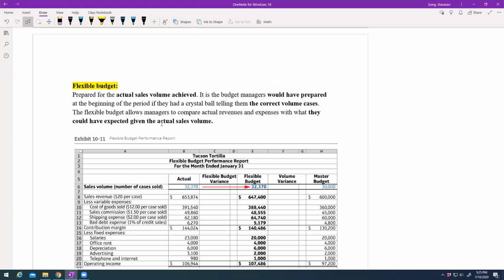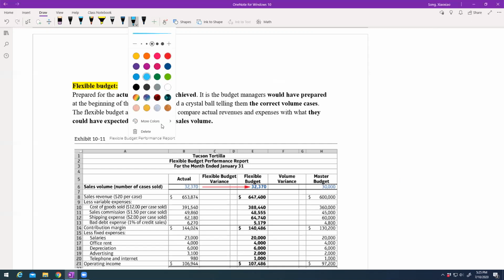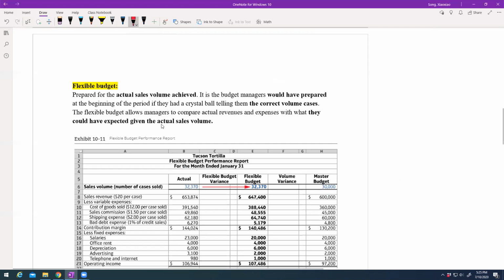So let's look at what it really wants to tell us. The flexible budget tells us that if managers had a crystal ball that would tell them what the actual sales volume will be, then they can have the proper number. So what is the flexible budget made of? It uses the actual sales volume.